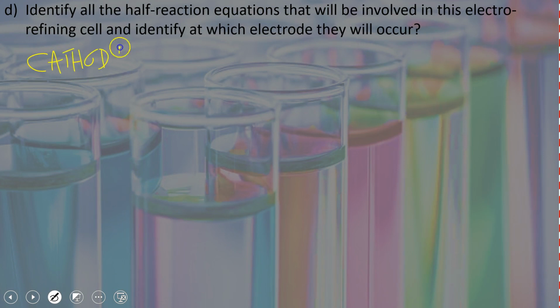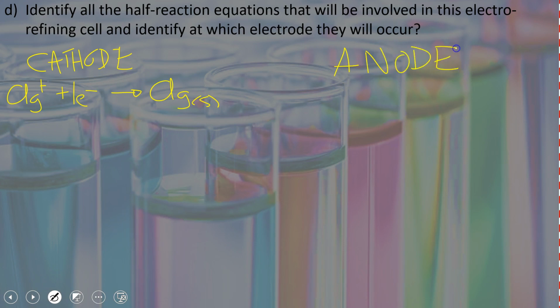I should be producing Ag solid, which means that I'm taking the silver ions and adding electrons to it, producing silver. At the anode, then, I have that impure piece of metal, which we're assuming would be soluble in water, so what would be happening at the anode is silver would be breaking down to produce silver ions and an electron in water.